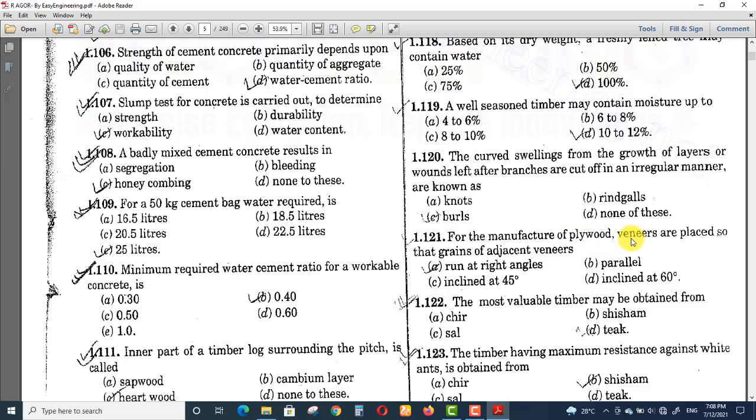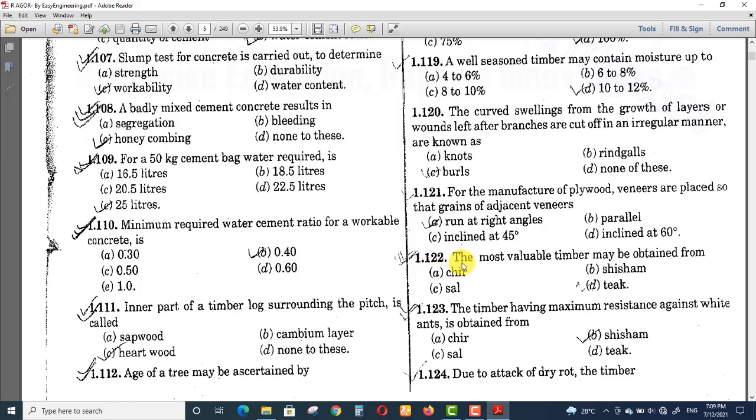We put those thin slices of wood and glue them together to make one panel of plywood. That is called veneer. So veneers should run at right angles to each other.